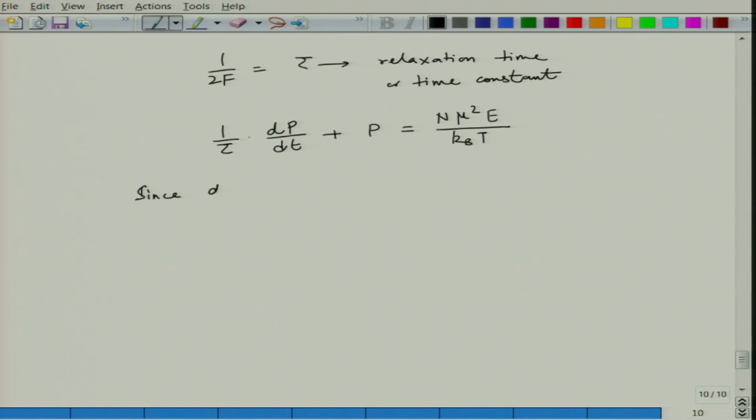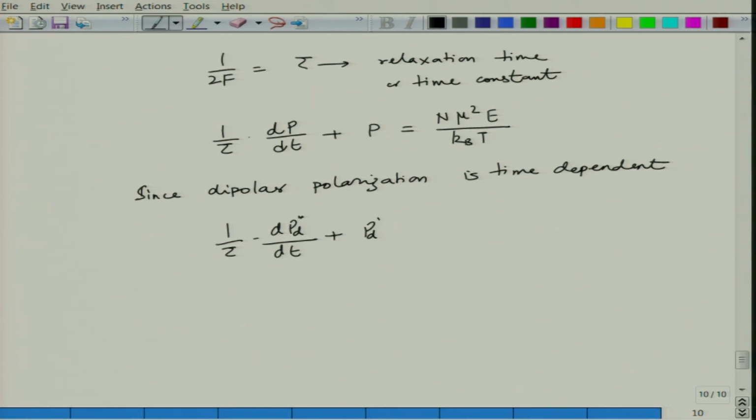So since the dipolar polarization is time dependent, we can write 1 over tau dPd/dt plus Pd* is equal to N alpha d E*, a complex quantity, where alpha d is the dipolar polarizability that we derived earlier.